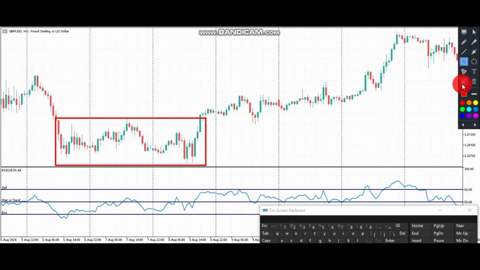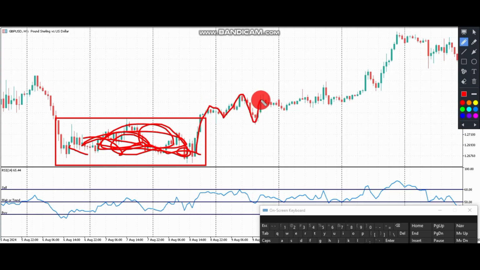After this support here at this particular region, we saw price moving out of this breaking and then forming a movement which necessitated our buy movement.